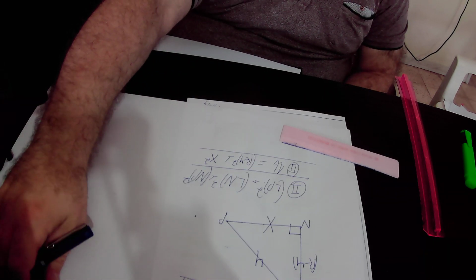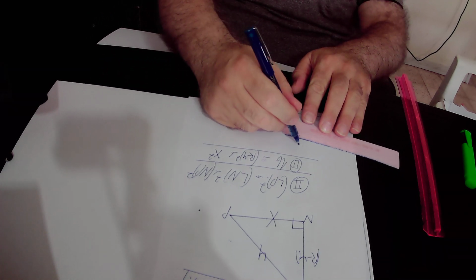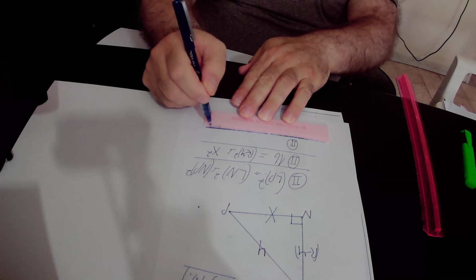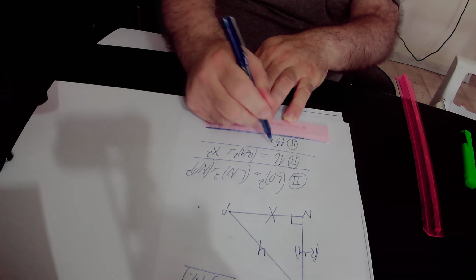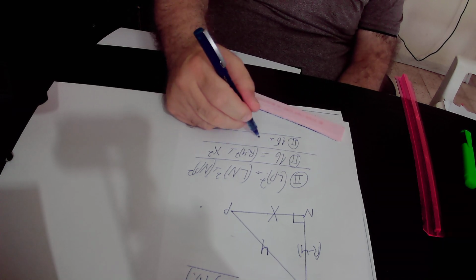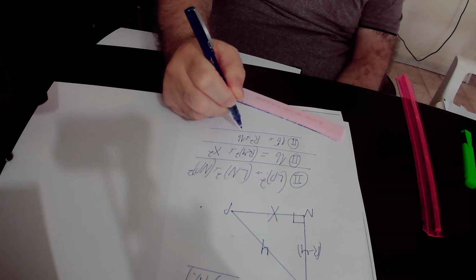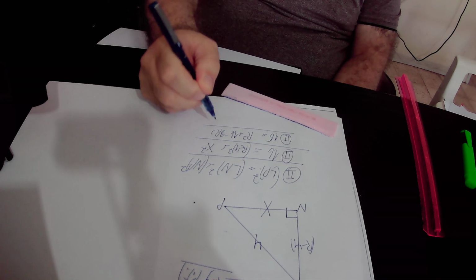So here we will open the brackets on this side of equation number 2 and we will get that 16 equals R minus 4 squared, which is R squared plus 4 squared, that is 16, minus 2 times R times 4, that is minus 8R, plus X squared.